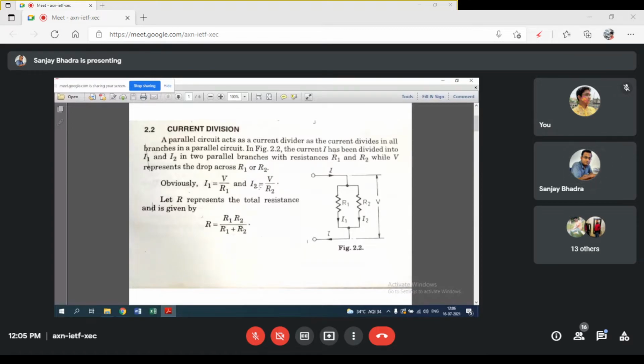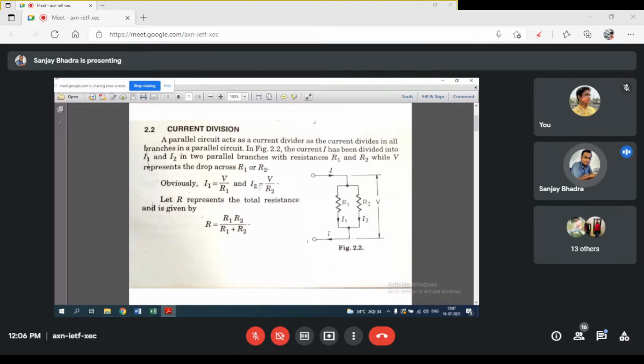My total flow of current from the UEM campus is capital I. This capital I gets no obstacle, no interference, until this entire current reaches Narkel Bagan. At this junction there are two bifurcations: let's say I1 towards the airport, and the other branch is I2 towards Sector 5.